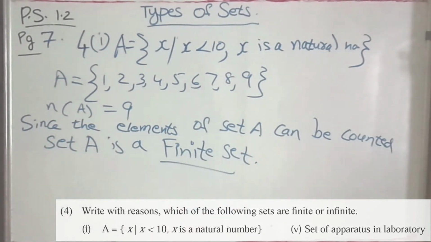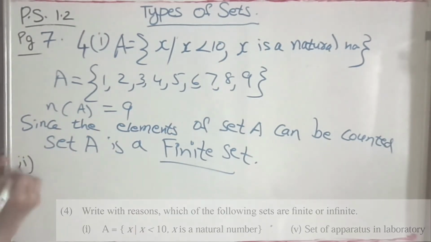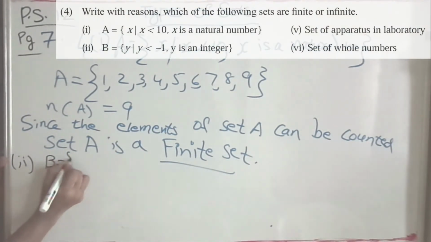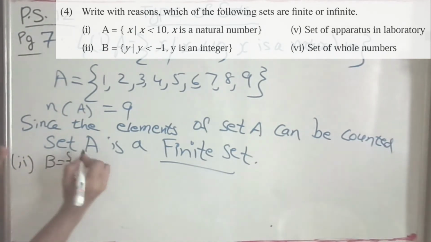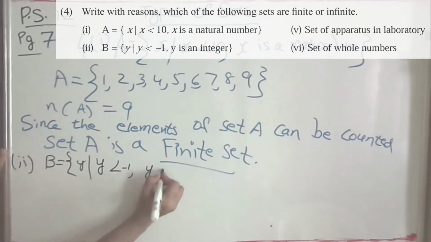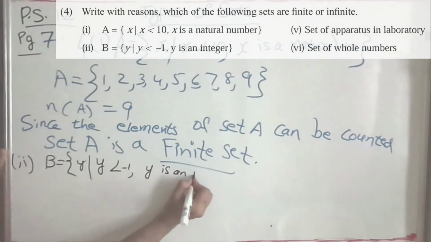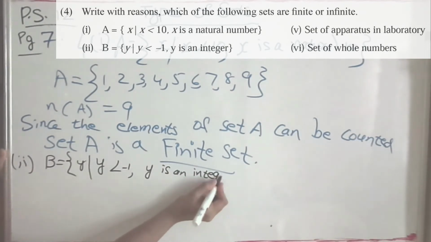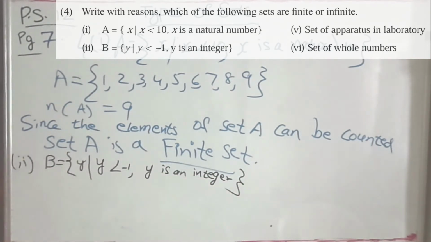Next one, second one, B is equal to y such that y is less than -1, y is an integer. Okay, let us list this set.